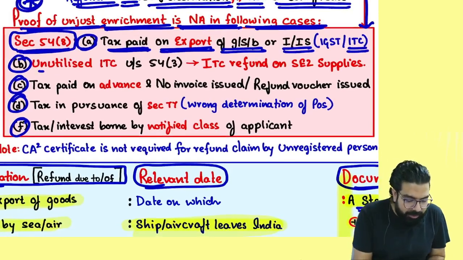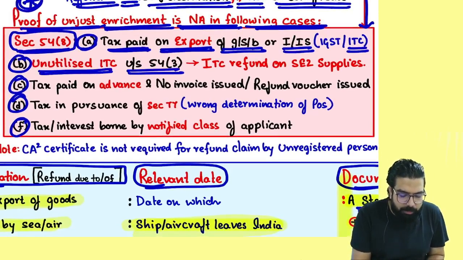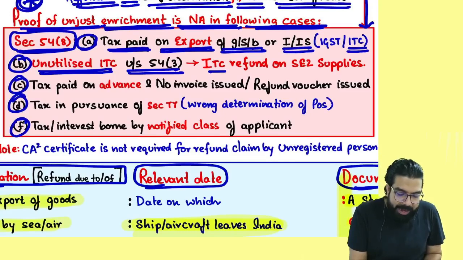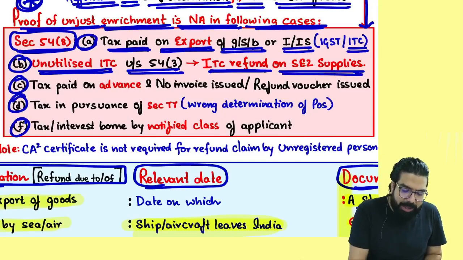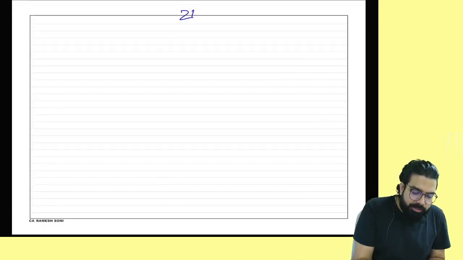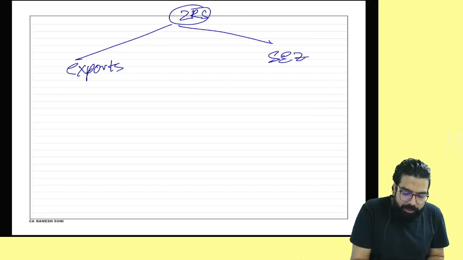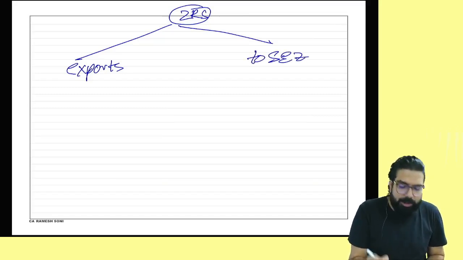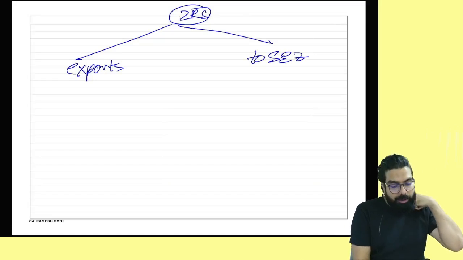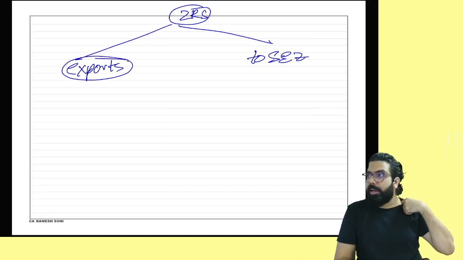The next one over here is unutilized ITC under section 54(3). ITC refund on SEZ supplies. I will tell you one thing, everyone. Zero rated supplies are exports and supplies to SEZ. Do you guys agree with me? When you supply to SEZ, that is also zero rated. When you export, that is also zero rated. Correct?